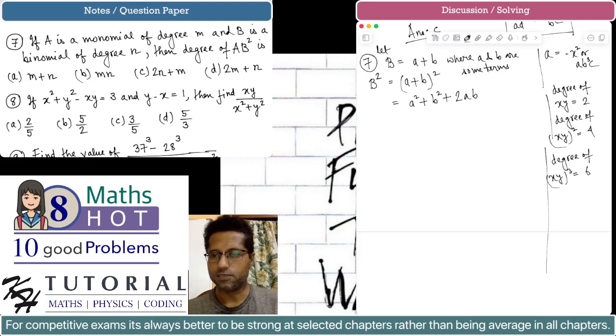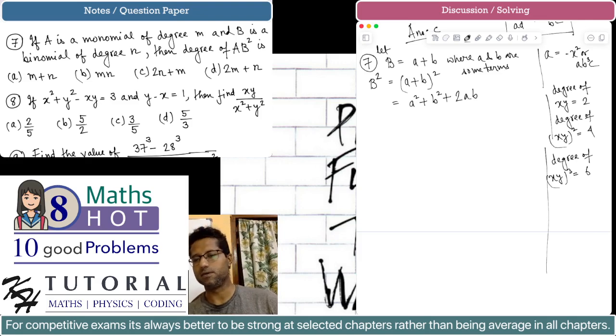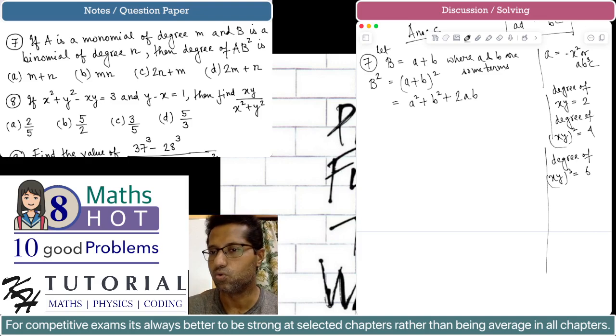So what is the relation? When you are squaring the term xy, its degree is getting multiplied by 2, because the degree of xy was 2 and the degree of xy square is 2 into 2, which is 4. Similarly, when you are taking the cube of the term xy, its degree will be 3 times the degree of xy, so 2 into 3 is 6.